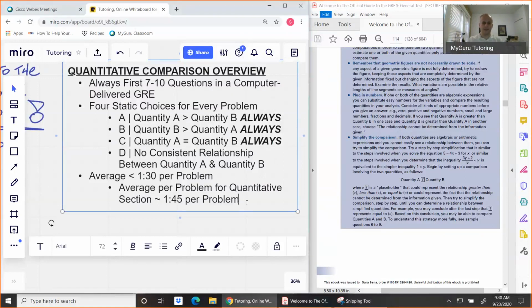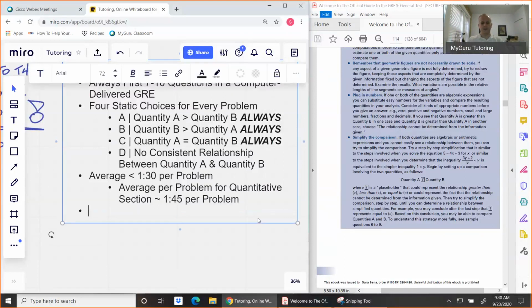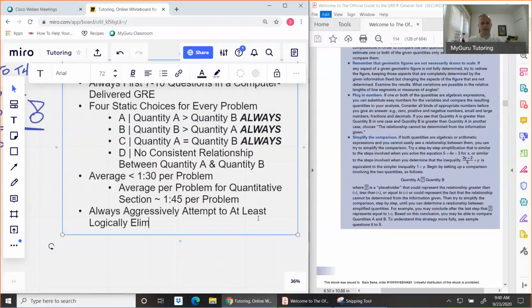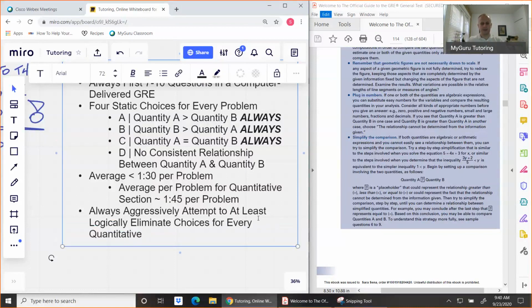Because they're the first 7 to 10 questions, you want to always aggressively attempt to at least logically eliminate choices for every quantitative comparison first in the section.